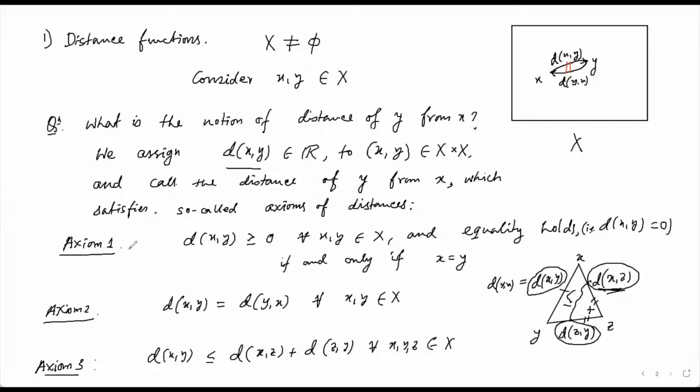So the first axiom is known as positive definiteness, axiom 2 is commutativity, and axiom 3 is the so-called triangle inequality.